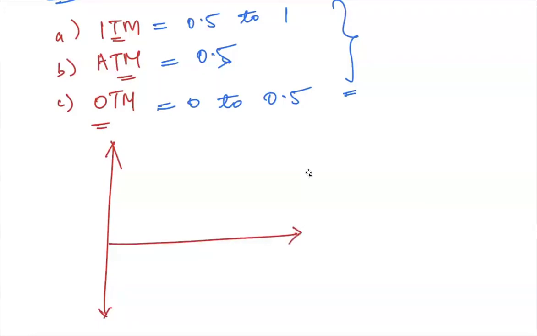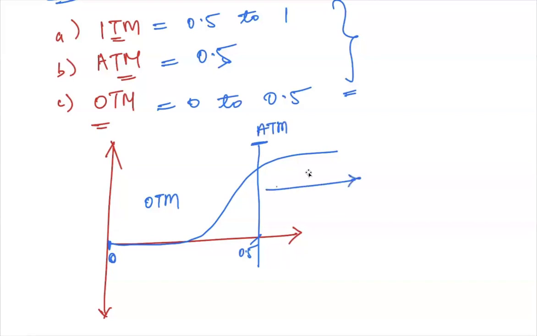So what I mean by this is, from 0 to 0.5, we see out of the money. At 0.5, we see at the money, and between 0.5 to 1, let's say the range is 1, okay, so the range here is 1.